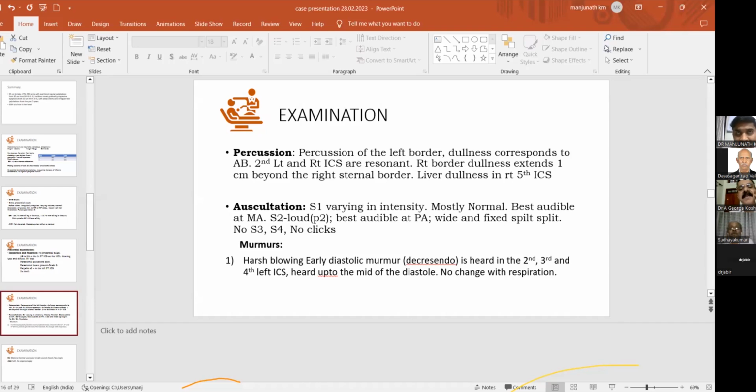Any difference between the two? Sir, usually they will have a click. No, we are talking about the murmur. I gave you the clue: timing of that murmur, peaking and all in relation to the second sound. I cannot give you further clues. Early, immediate.